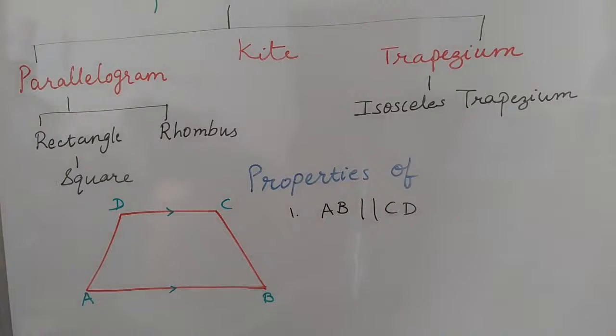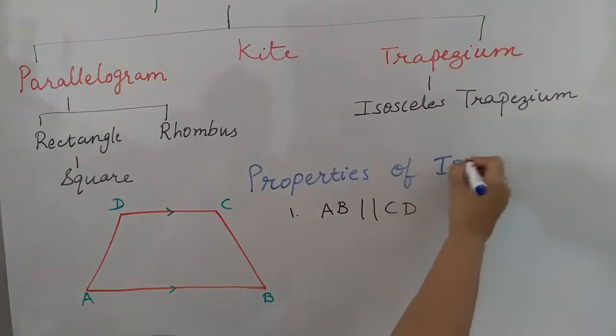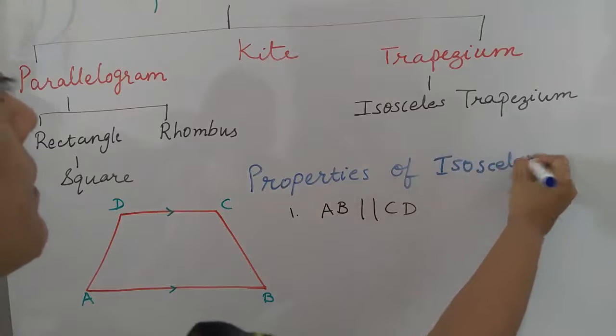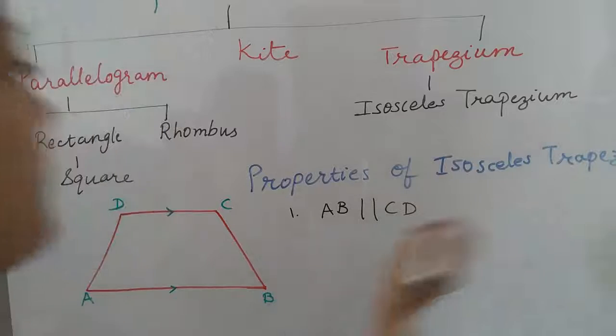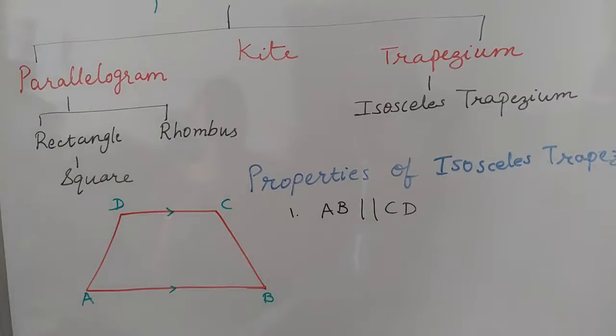So in isosceles trapezium, according to trapezium, the one pair of the sides is parallel, and the non-parallel sides AD and BC are equal in measure. These two are equal. Also here angle A is equal to angle B, and angle C is equal to angle D.